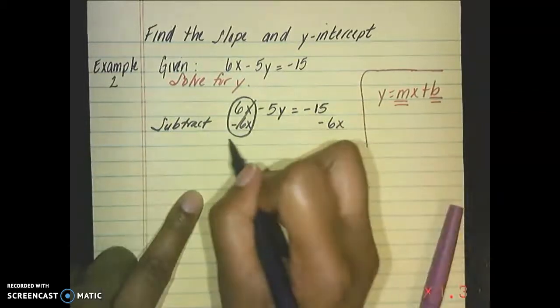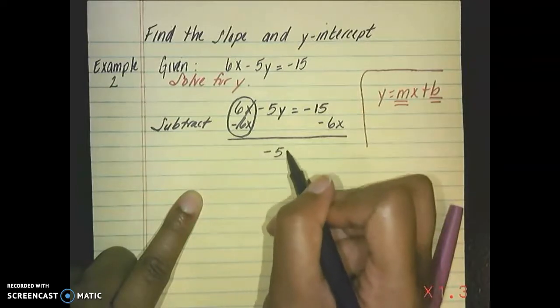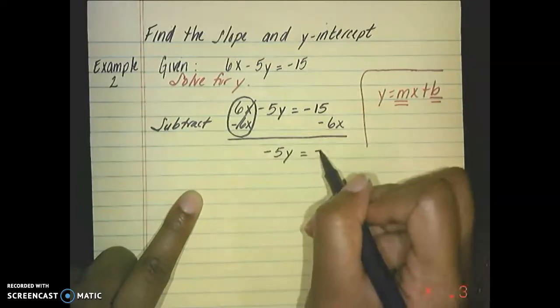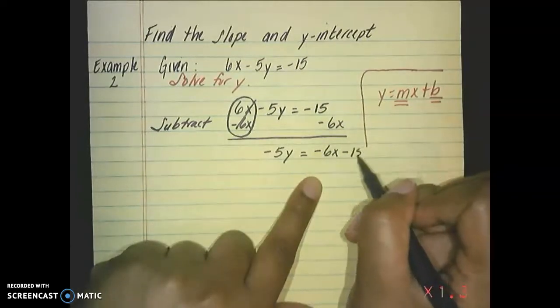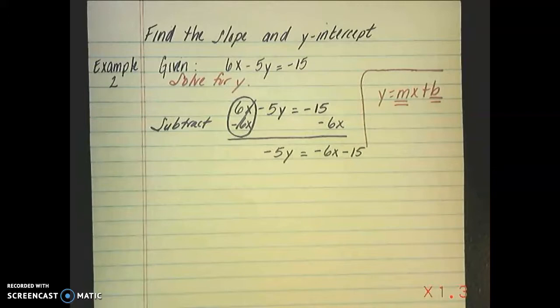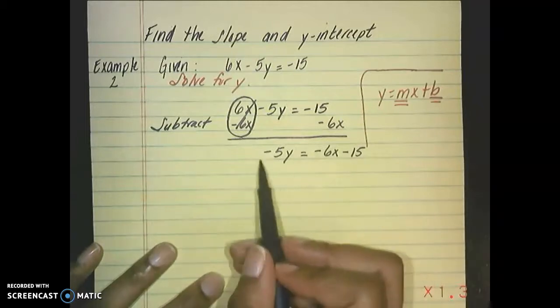What I'm going to be left with is a negative 5y equals a negative 6x minus 15. I know that was kind of fast. Hit pause or rewind it if you need to see it again. I'm still solving for y.